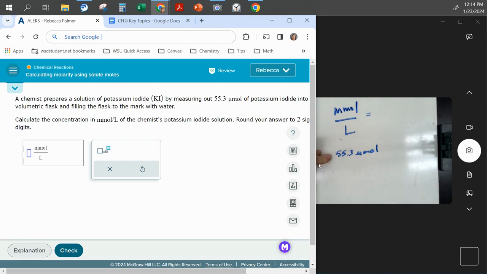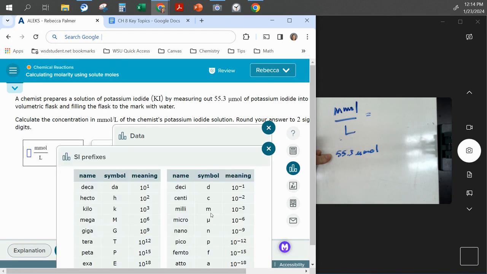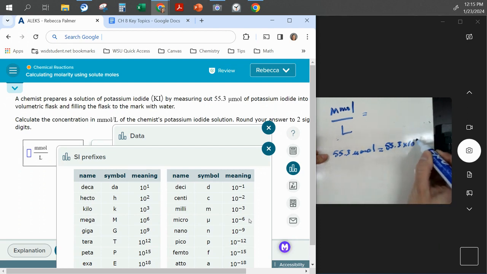If I go to my Alex data and look at the prefixes, micro is this weird U, a mu. Micro is times 10 to the minus 6, so instead of writing micro, I'm going to write times 10 to the minus 6.